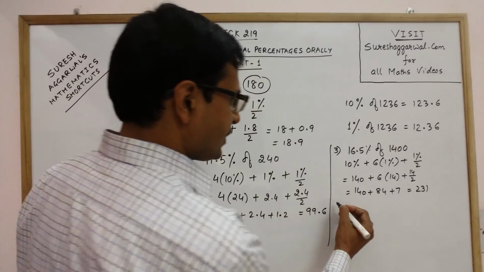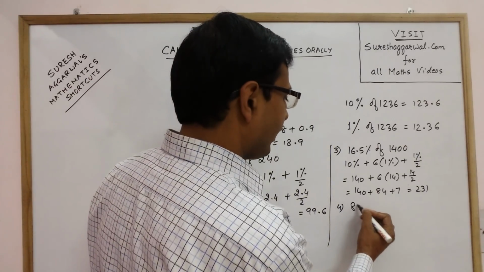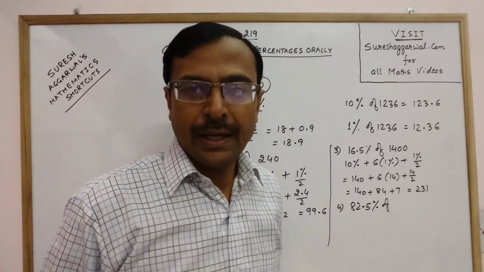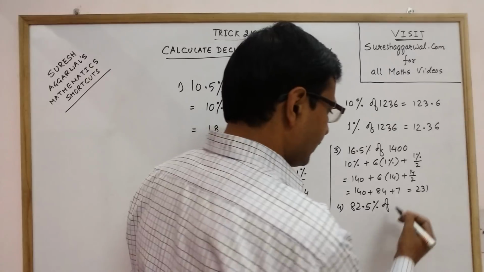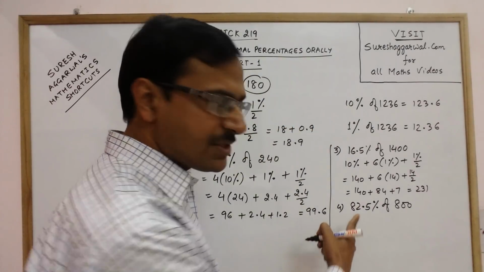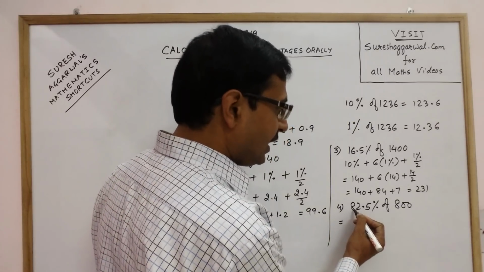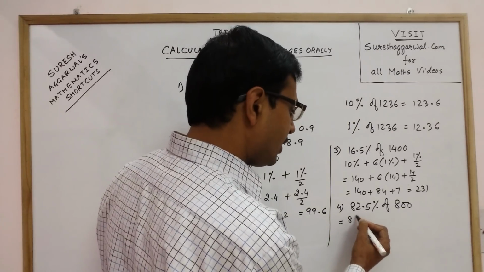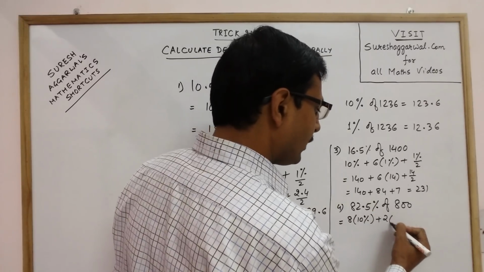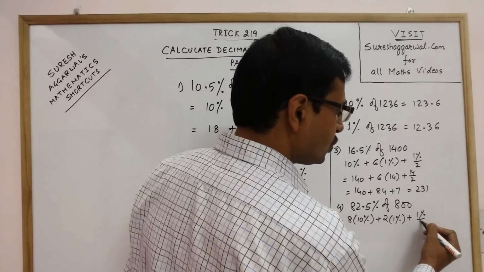One more example. Say we have a large percentage now, 82.5%. Now 82.5% of any number, I'll take another simple number, say 800. Now how you break up this percentage is important. So now we have 82. So 80 means 8 into 10, plus 2 means 2 into 1, and 0.5 means 1% by 2.